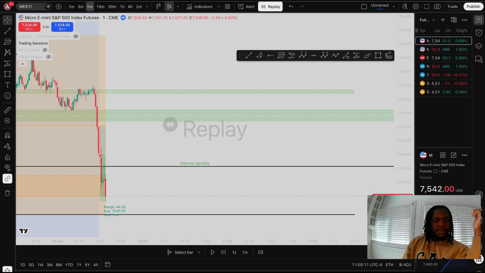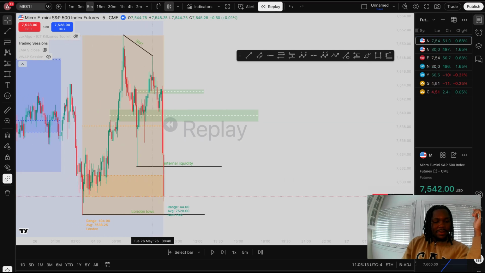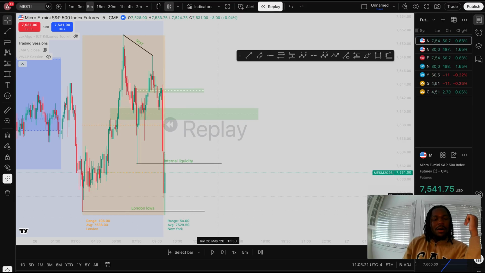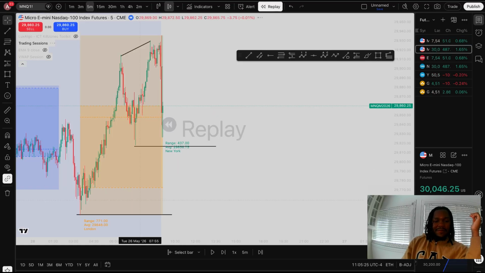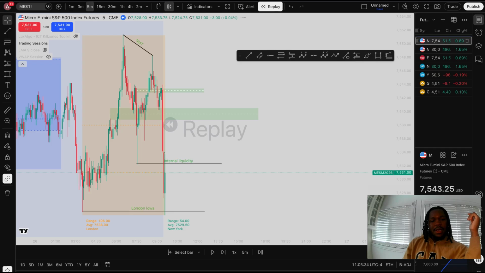So now that all my areas of liquidity have been taken out to the downside, well, I didn't take out London lows yet, so let's keep going. So boom, now that it took out all my areas of liquidity to the downside on MES, it left these areas of liquidity alone on MNQ, which means that price is probably gonna run higher eventually, leaving another SMT divergence if we mark it out.